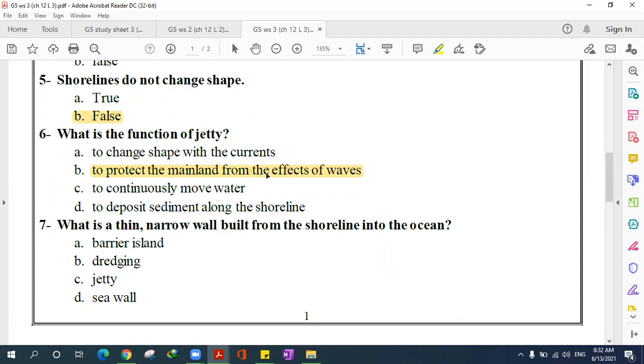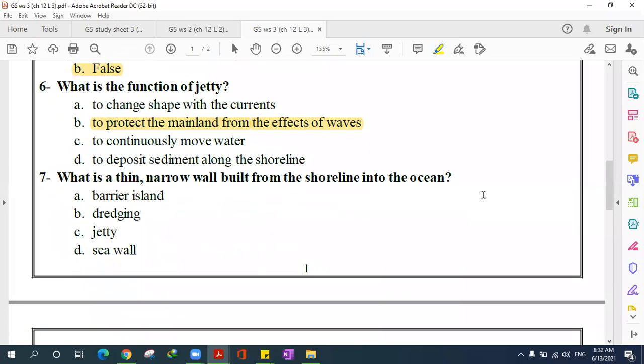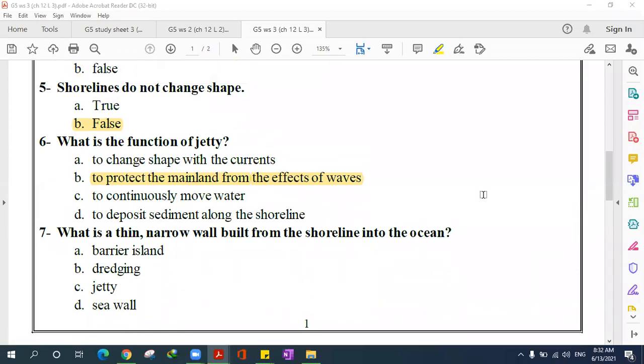Number 7, we can pick Mohannad. Mohannad Al-Azami. Number 7, what is a thin, narrow wall built from the shoreline into the ocean? Reem, we're not supposed to answer without permission.